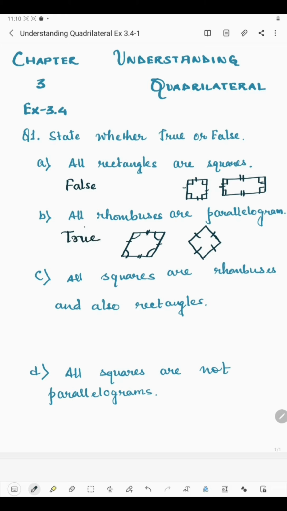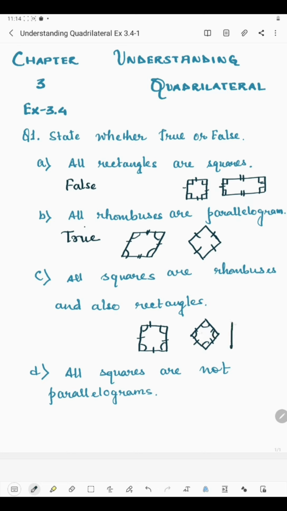Okay, now coming to C part. In C part we have: all squares are rhombuses and also rectangles. Because in a square all sides are equal and parallel, and all angles are also equal. In a rhombus all sides are equal and parallel, and opposite angles are also equal.